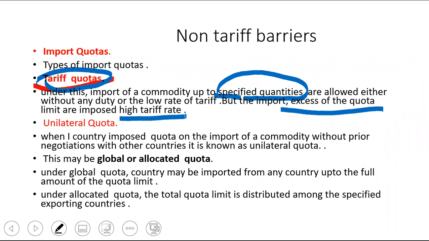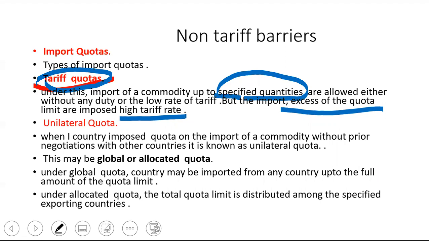It will be zero duty or very less duty. Because up to a limit, government is allowing the import. But you are a person who wants more import. So, एक quota के ऊपर जो है, उसके लिए आपको high rate देना पड़ेगा. Okay, high rate देना पड़ेगा. That is the meaning of it.